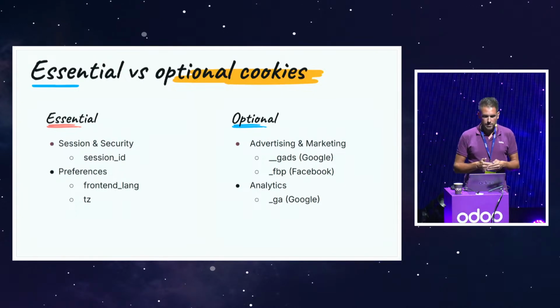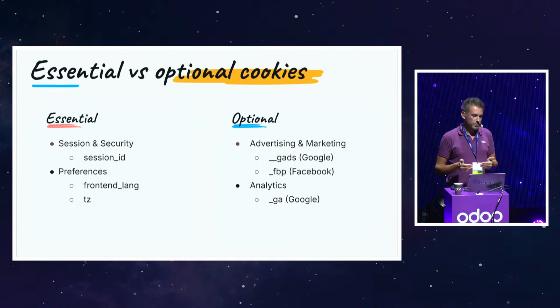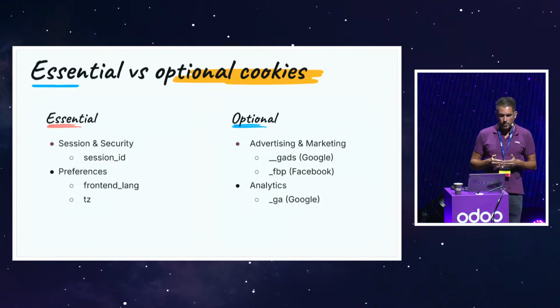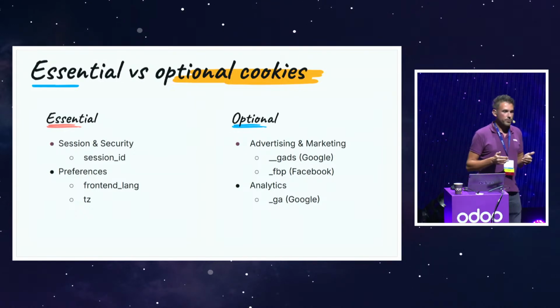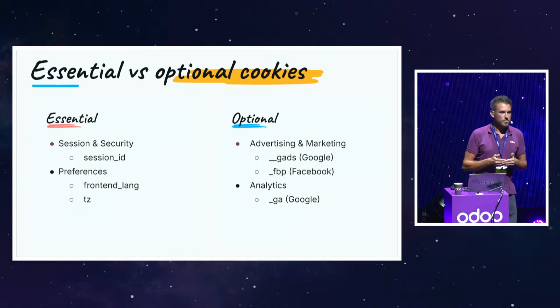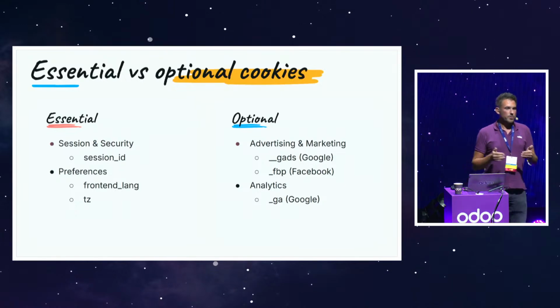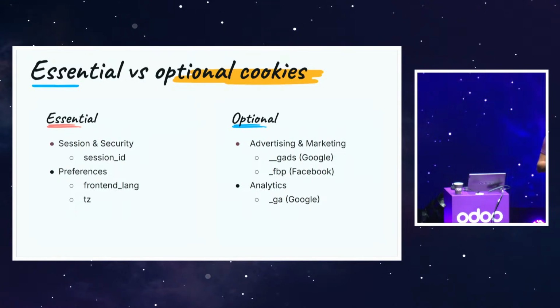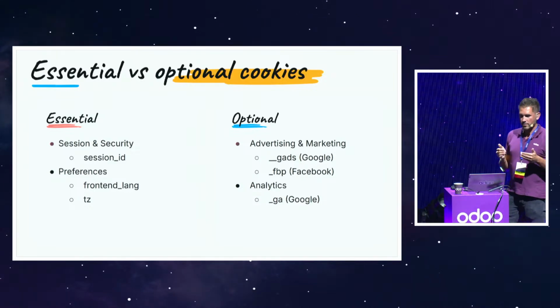As you can see, we have a session ID cookie that lets the web server identify the session of the user. Then in the preferences we have the preferred language of the user and also the time zone in which he is currently. Those are strictly necessary, and for those cookies, we don't need consent. The notion of consent is important. We will come back to this later.